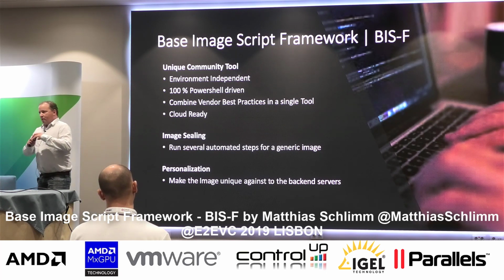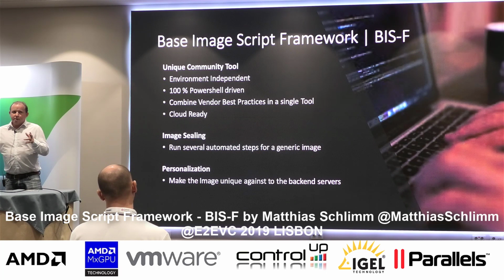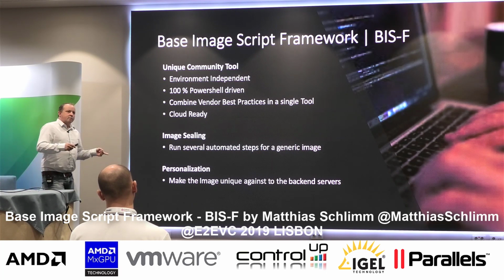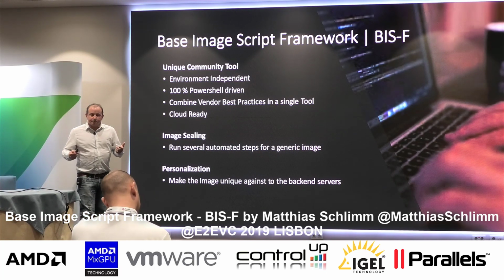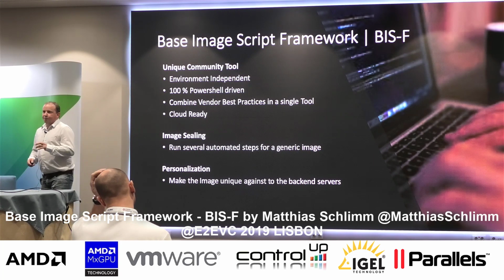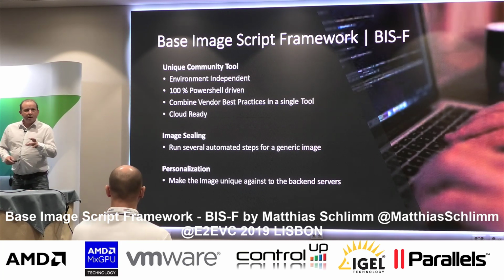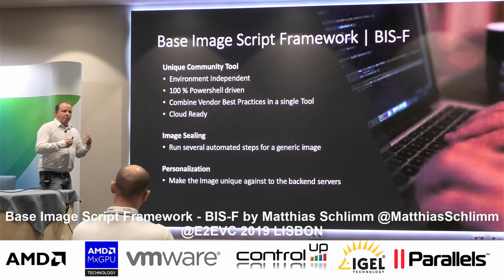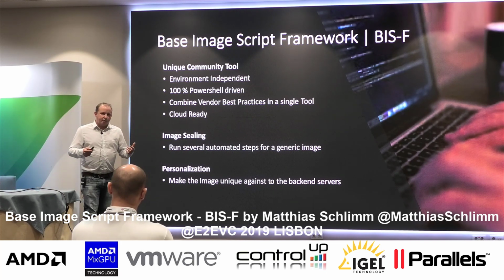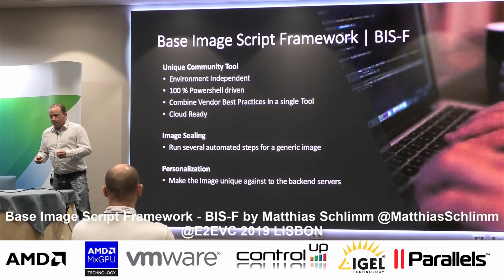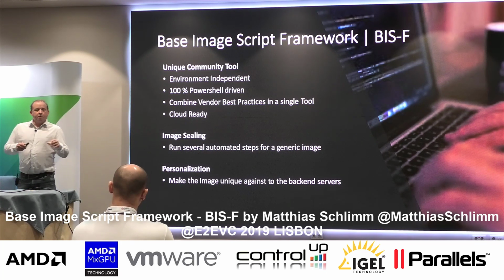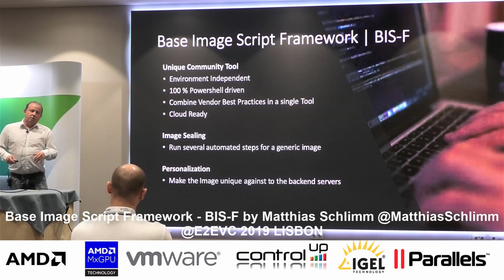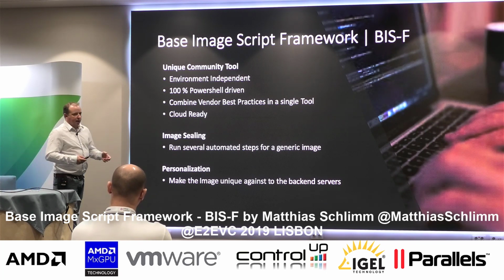That means we have a bunch of scripts, and if you configure it in a way, like in the ADMX, BIS-F detects the environment that you have and runs the steps based on your environment. For example, if you have configured defrag and you are running your PVS environment, defrag is only possible to run on the base disk, not on the vDisk like the current disk.